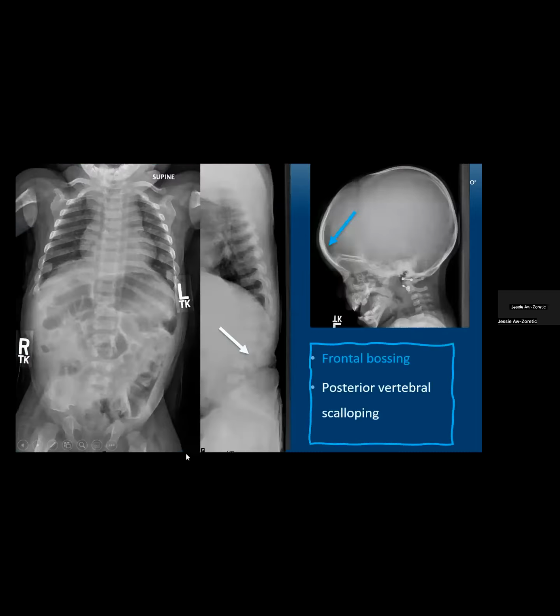So here are the classic X-ray appearances. You can have posterior scalloping of the vertebral bodies, most pronounced in the lumbar spine. For some reason, there is more of a predilection for the lumbar spine region, and then you have a progressive decrease in the interpeduncular distance, also in the lumbar spine.